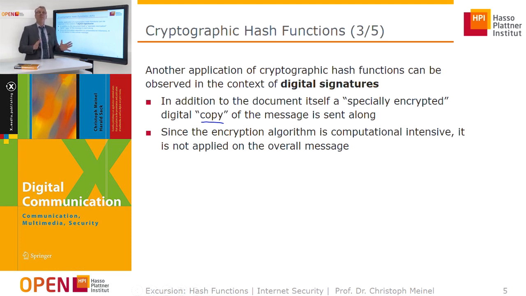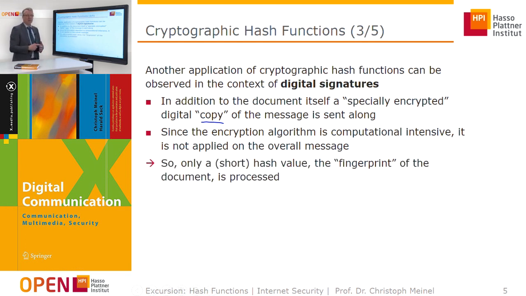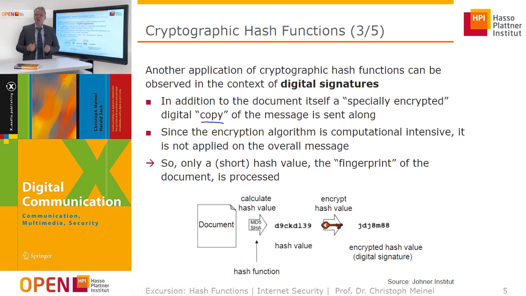Instead, the idea is to apply a hash function to the document and then to encrypt the short hash value. This helps to increase performance and to avoid a long and complicated computation. So only a short hash value of the document, the fingerprint, is encrypted and sent together with the document, and so the receiver can check whether the document has reached him in a good way.